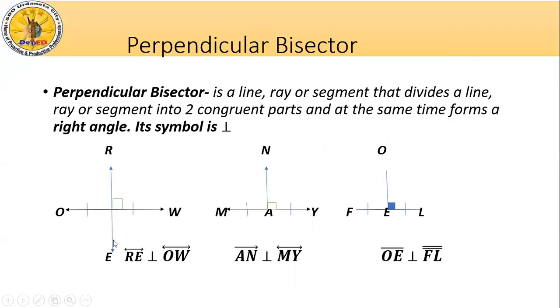Line RE is perpendicular to line OW, thus forming four right angles. So if it is a right angle, the measure is 90 degrees.